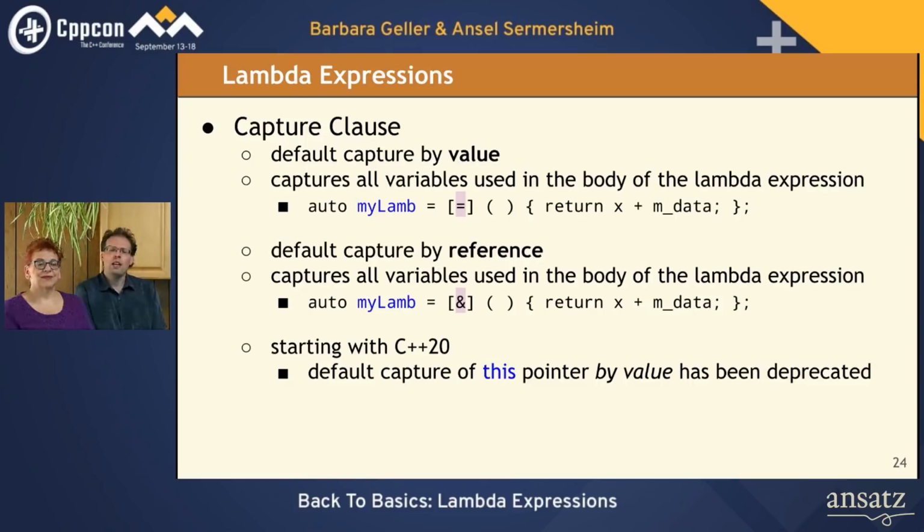This means changing mData will alter the original data member because it doesn't matter if you capture a pointer by value or by reference, you're still referring to the original object. Starting with C++20, the default capture of this by value is deprecated because it's a bit surprising that you asked for everything to be captured by value, but this was really a pointer. So in C++20, the first example will generate a warning when it's compiled.